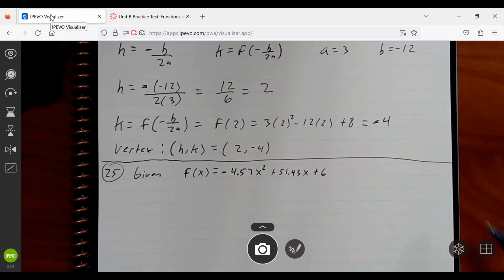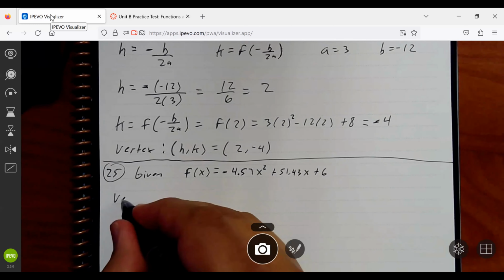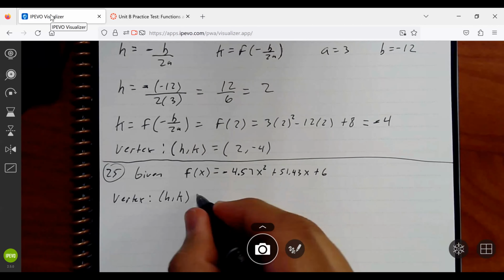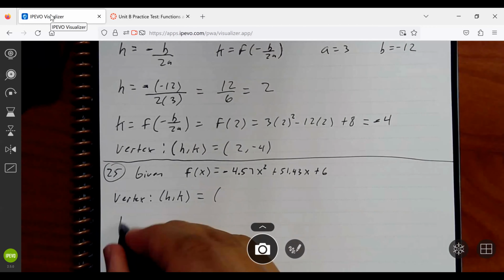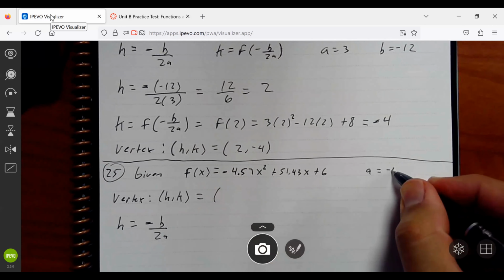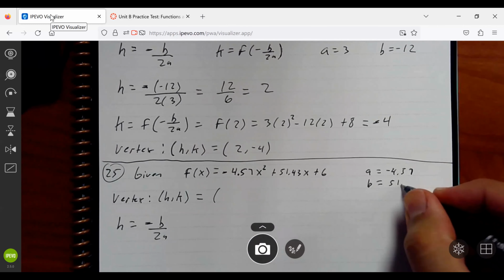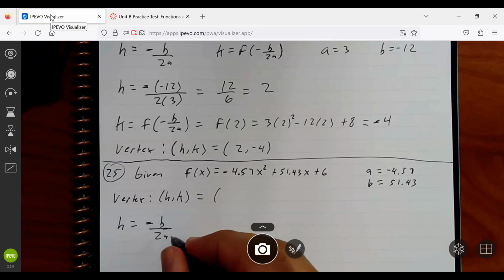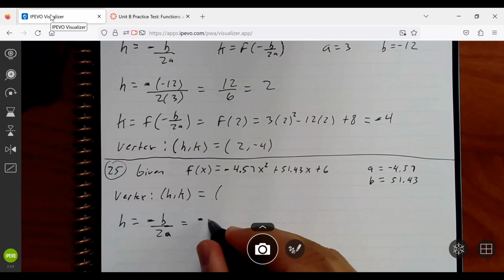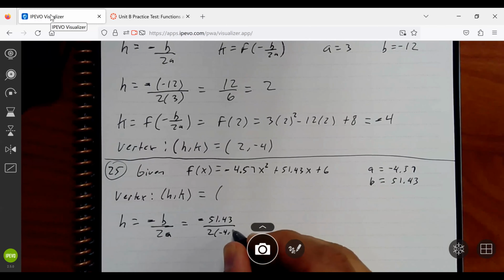So just do what we just did before, except it means something. It's not just a random function. So vertex h, k would be equal to something. H is equal to negative b over 2a. A is negative 4.57. B is 51.43. So that'll be negative 51.43 over 2 times negative 4.57.